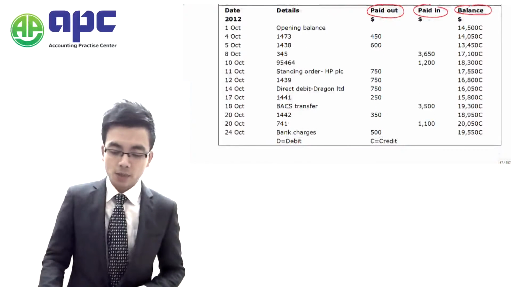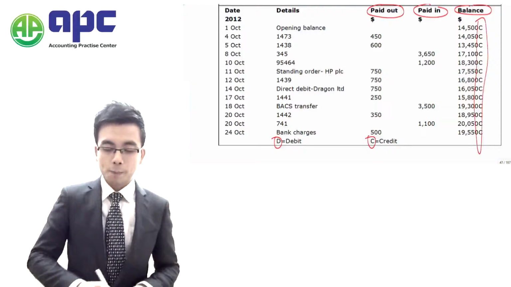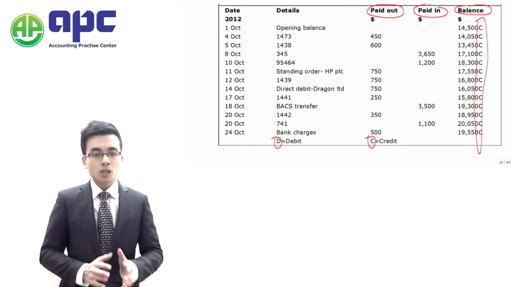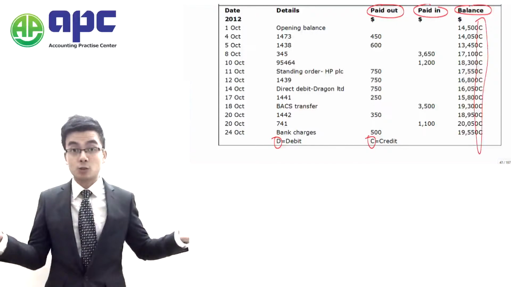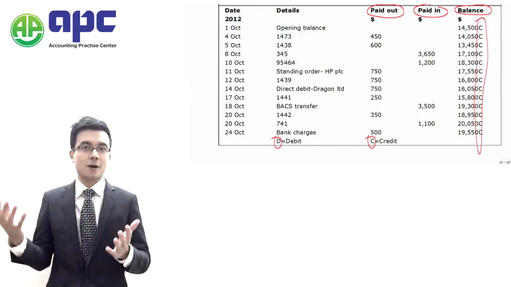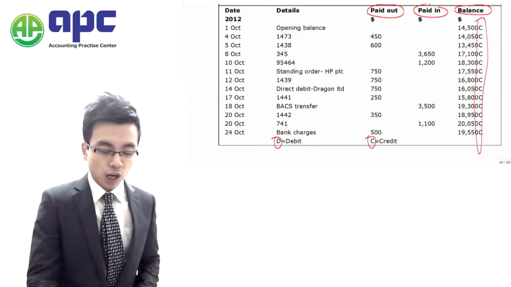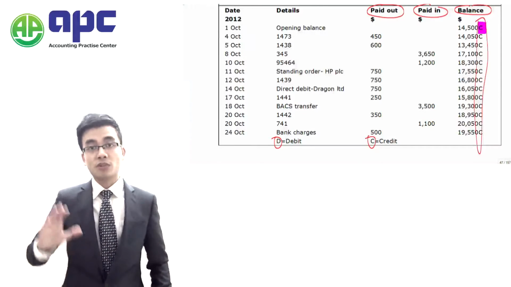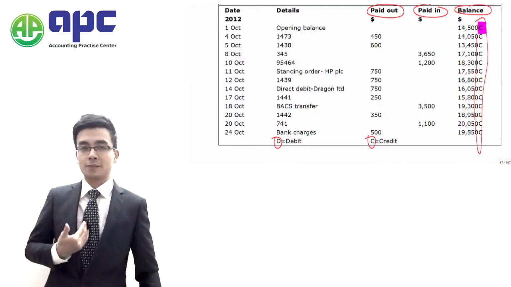As you can see, we have got the debit as well as the credit sides here for the bank balances. The bank statement is the statement of financial position from the bank's perspective. What we need to understand is that if it is showing as a credit balance within the bank statement, this means that the bank is owing us money.